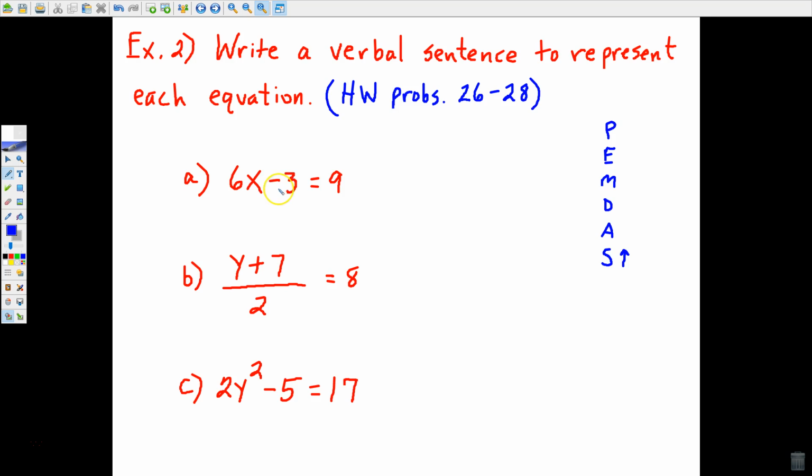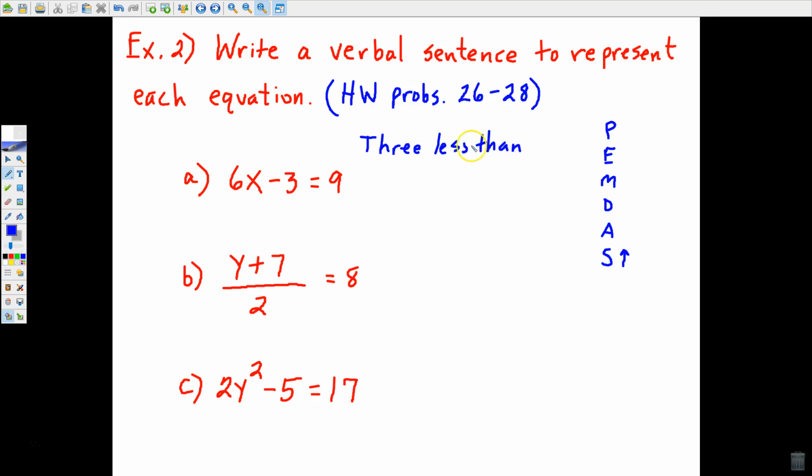So the first thing I'm going to write down is the subtraction. One way of indicating subtraction in this case is by using the phrase, the number 3, less than.